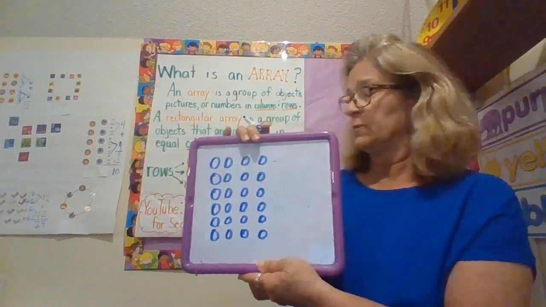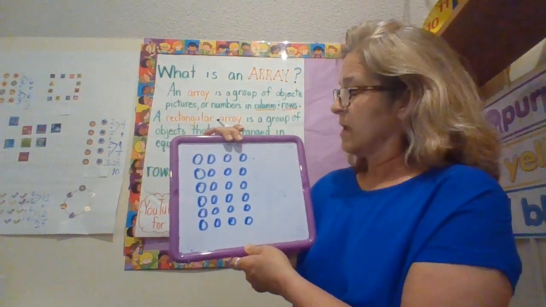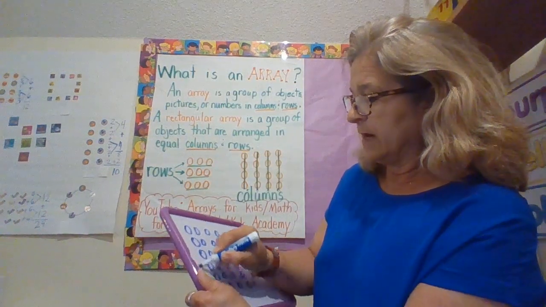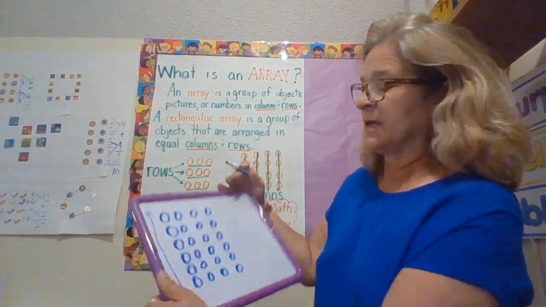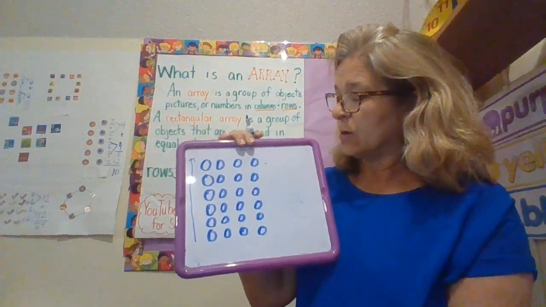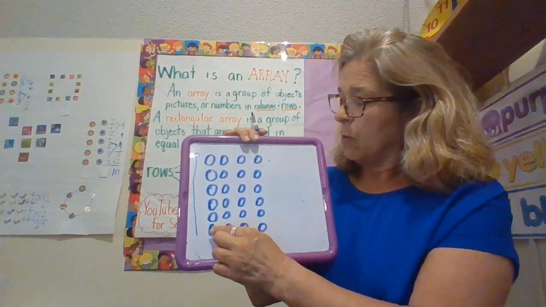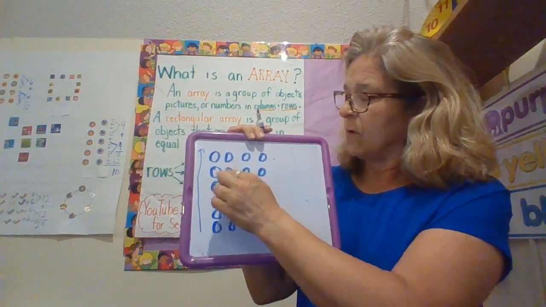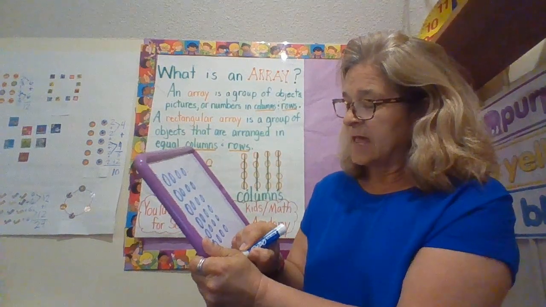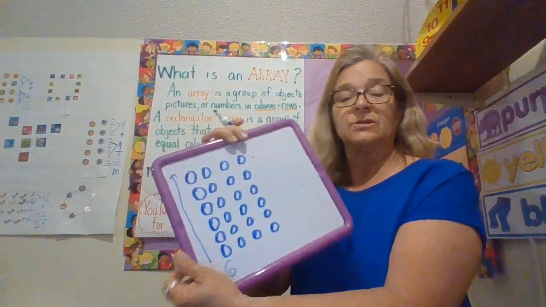When we look at this one, there's a few more, but first of all, we're going to look at the columns. Let's see how many circles are in each column. 1, 2, 3, 4, 5, 6. So each column has 6 circles.